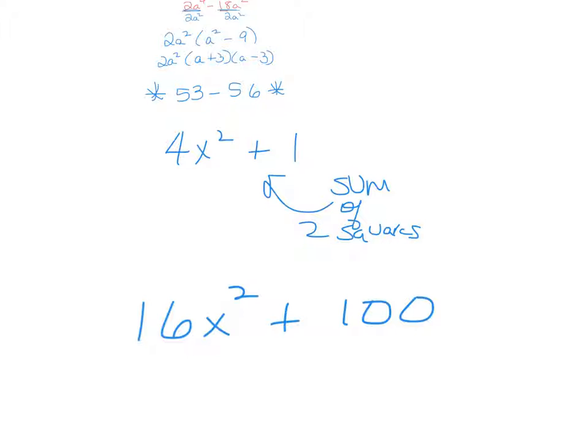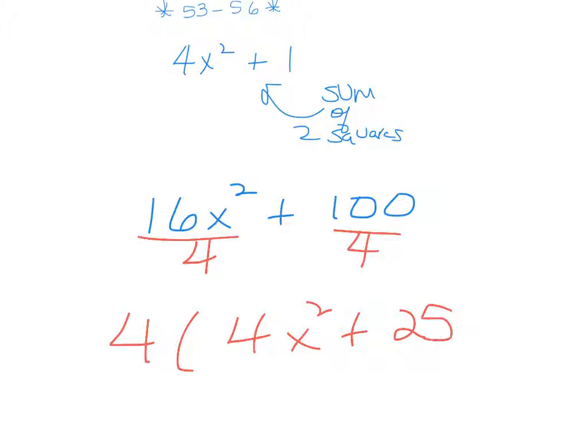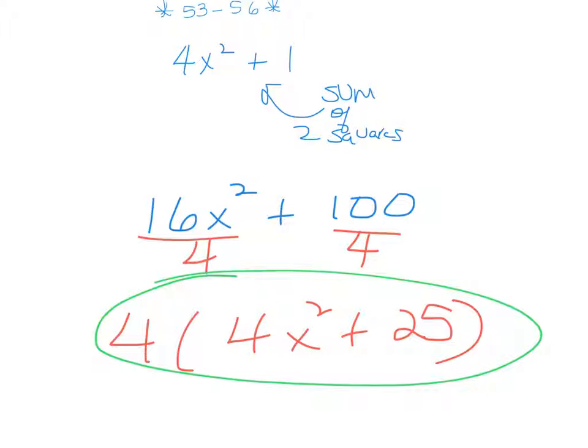At first glance, you're going to say, oh, wait a minute. Those are both perfect squares, but it's a sum and I can't. But what could we divide both of those numbers by? By 4. So we can actually factor this by just dividing both of them by the GCF, which will be 4, giving 4 times 4x squared plus 25. Then you would stop at this point because you can't divide them by anything else.